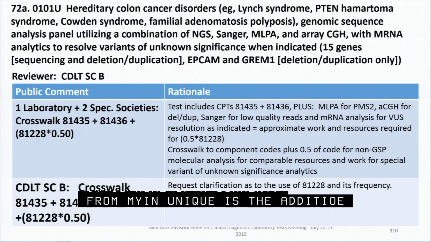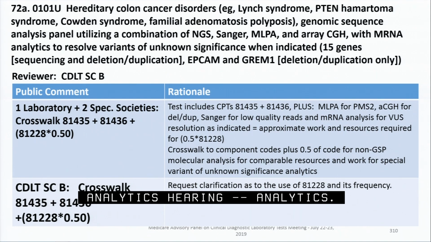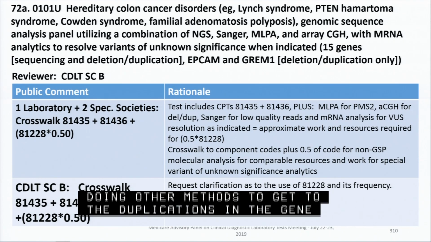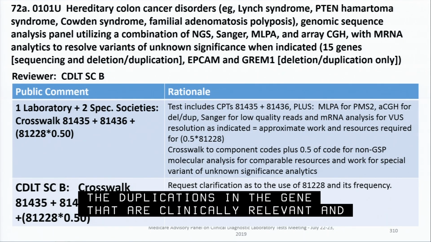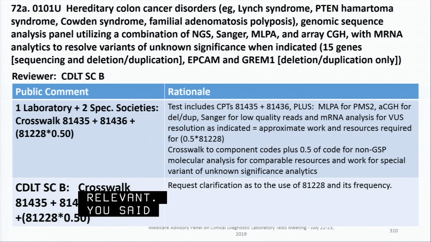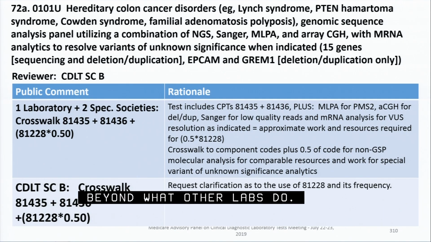I recognize you saying that you do all these other methods to try to get to the deletion duplications in the gene that are clinically relevant and the sequence variants that are relevant. And you say that that is above and beyond what other labs do. I don't know that that was considered in the original code of the methods that one might need to use to get deletion duplication results.